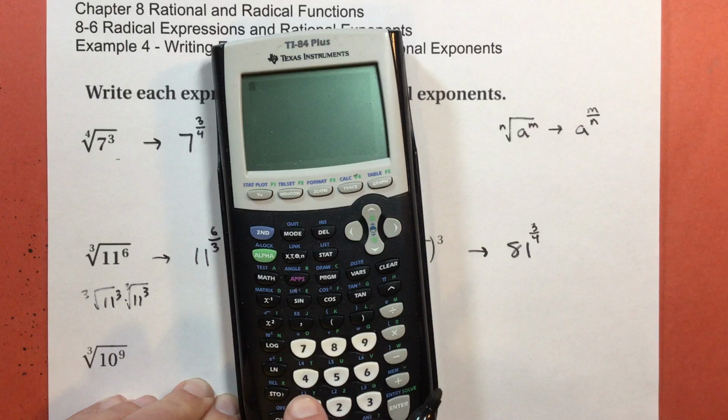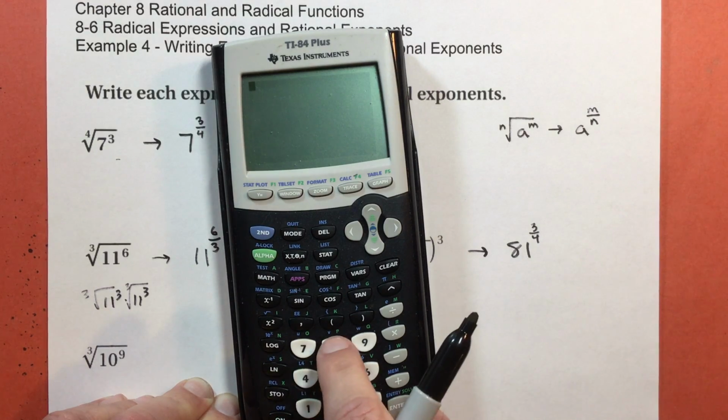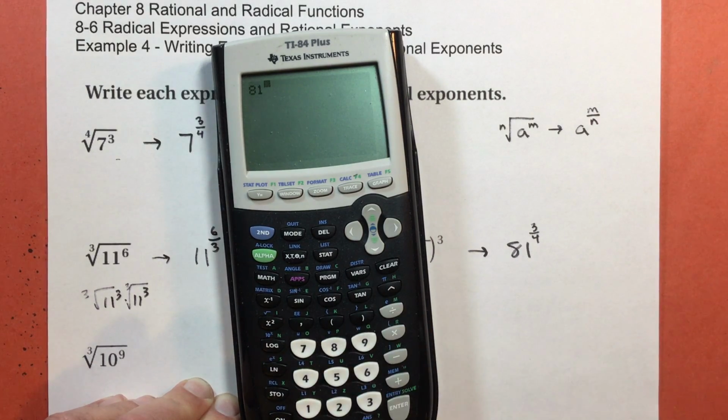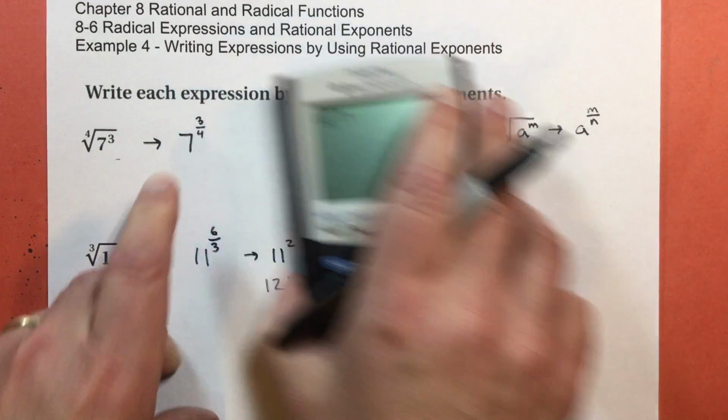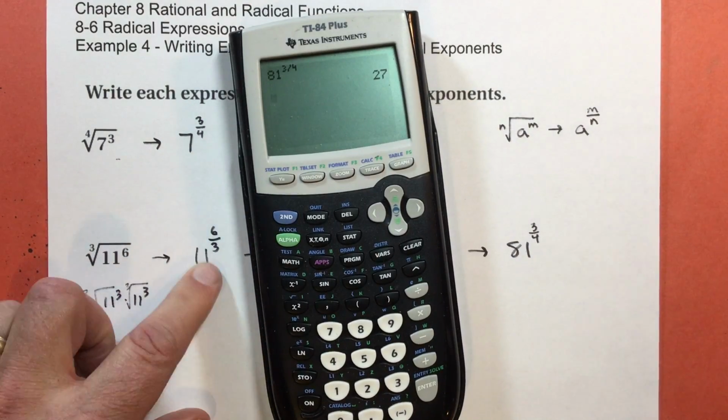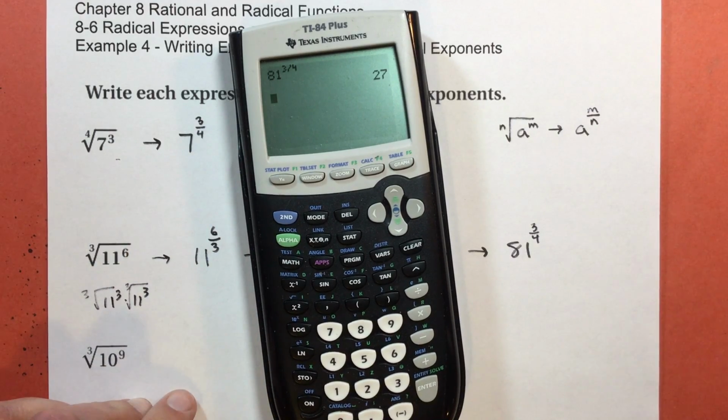I'm going to use a calculator. I'm going to show you what it's going to be, and then hopefully you're going to be surprised and say, why don't we do that in our head? If I do 81 to the 3 divided by 4th power, I get 27. Unlike this one where I ended up with an irrational number, this one's a nice number, 27.